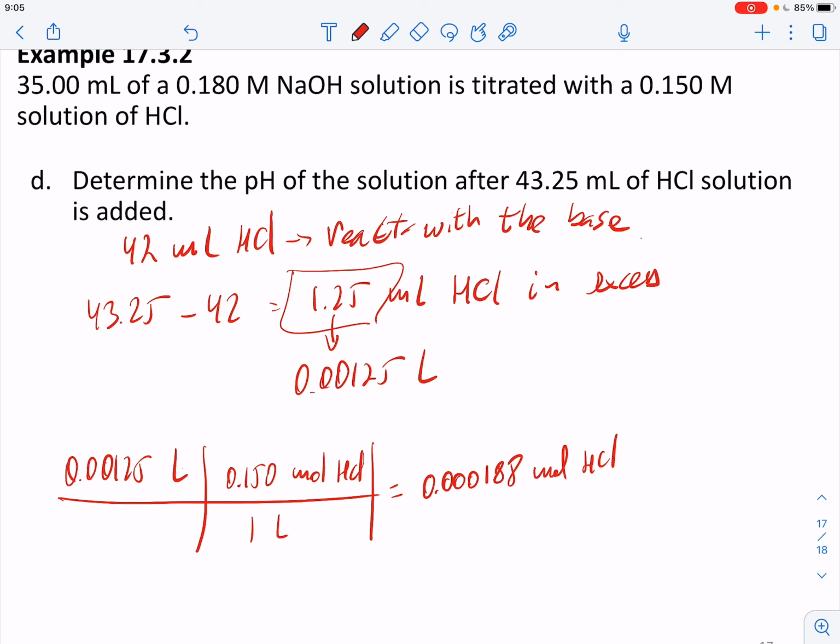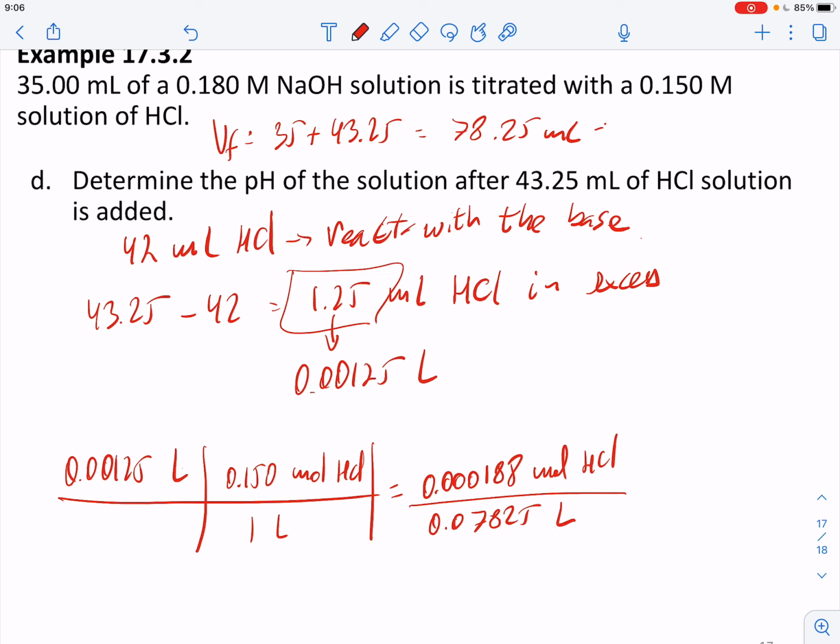Why don't I use the concentration directly to calculate pH? Well, because the volume changed. The final volume here is 35 plus 43.25, and this is equal to 78.25 milliliters. So in order to calculate the concentration now, I have to divide this by that volume, 0.07825 liters.